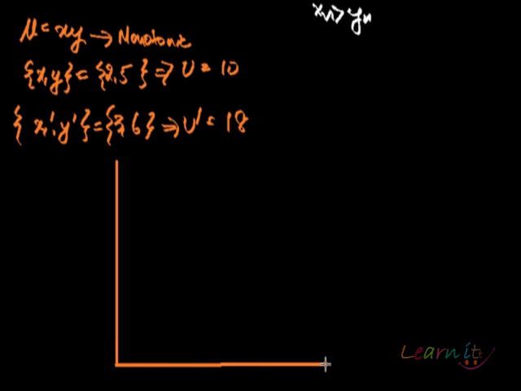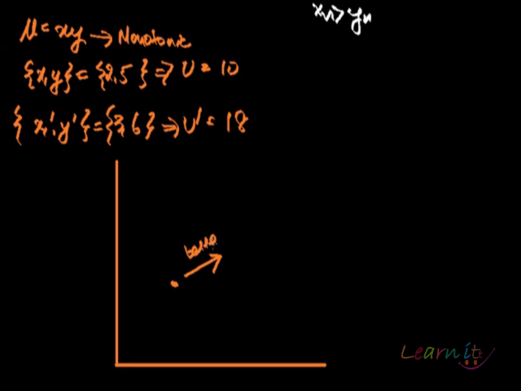Fine. Hence, you have one point here. Okay. If you move towards this, you have points which are better off, which are better. While if you move towards this, you have points which are worse. Okay.